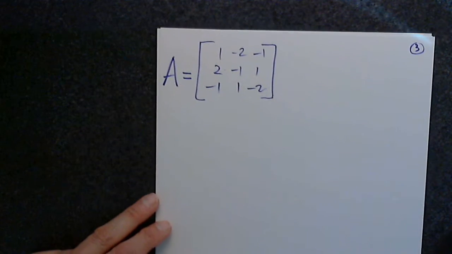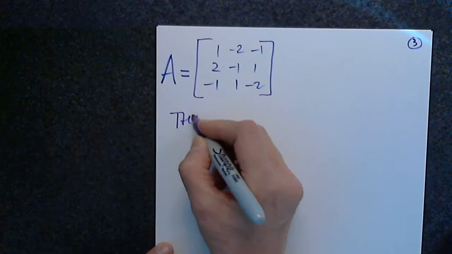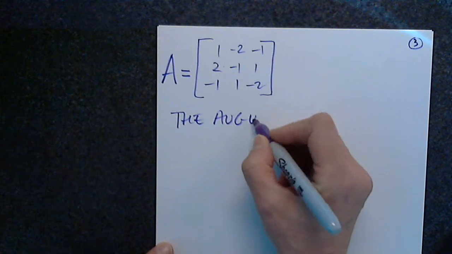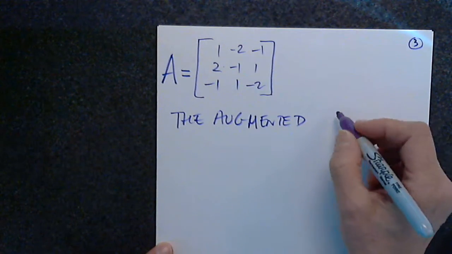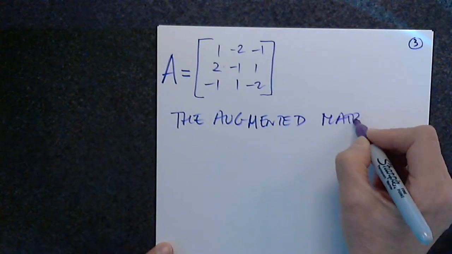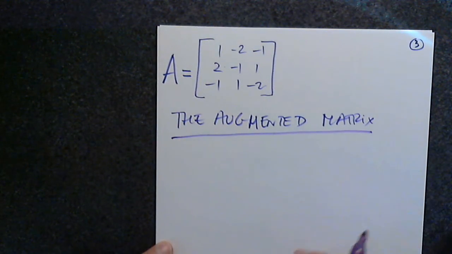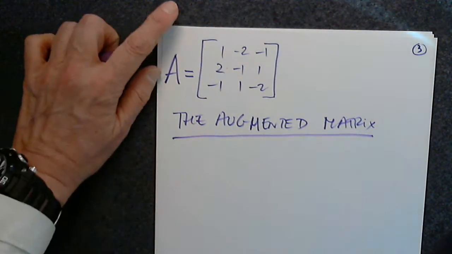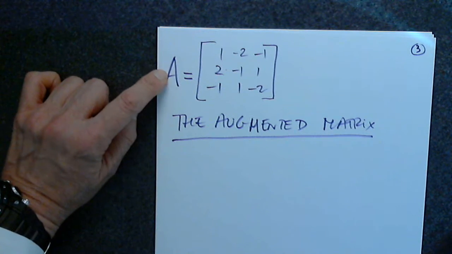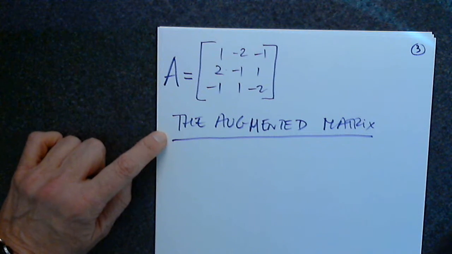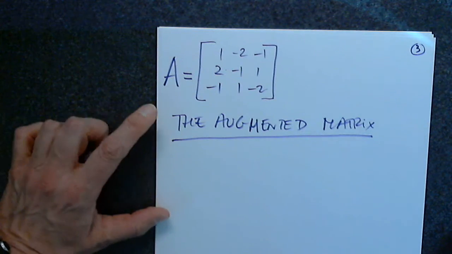There is something called the augmented matrix. So this is the matrix of the coefficients, but now we're going to talk about the augmented matrix.